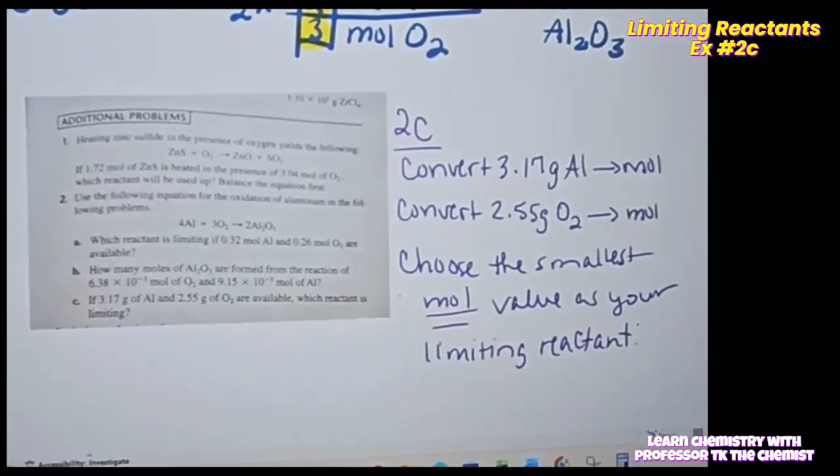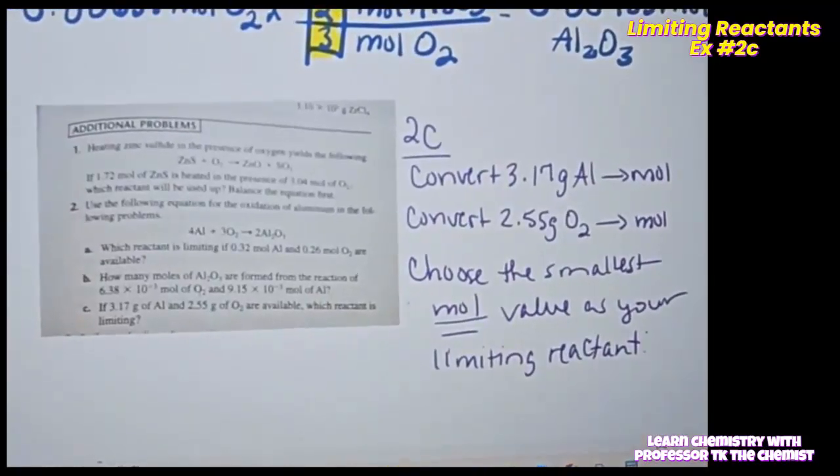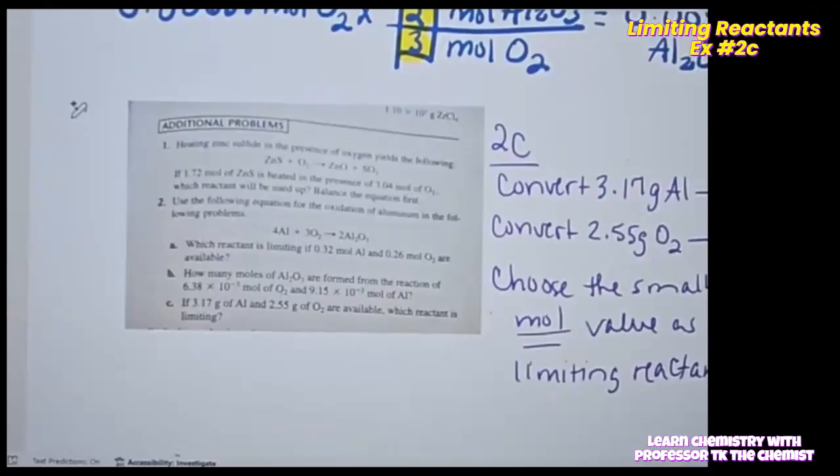Okay? So those are the steps that we're going to go through right now. Again, we're going to convert the 3.17 grams of aluminum to a mole, convert 2.55 grams of oxygen to a mole, and choose the smallest limiting reactant value. So I wrote the steps here, but now we're going to actually implement those steps.